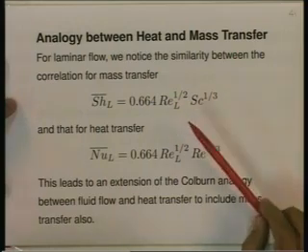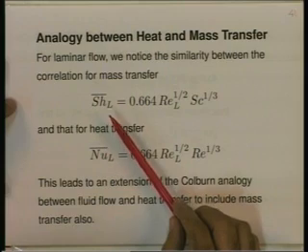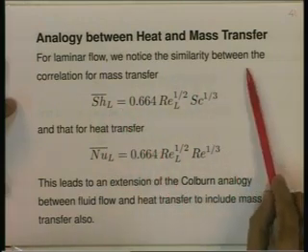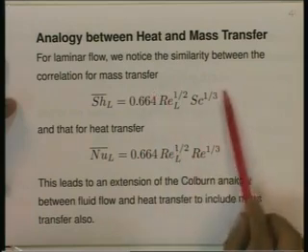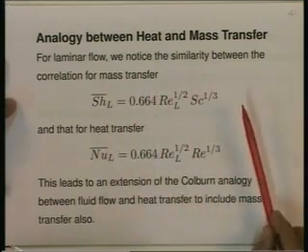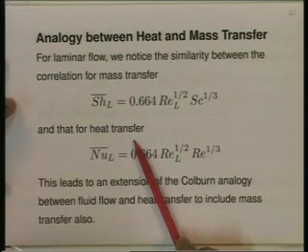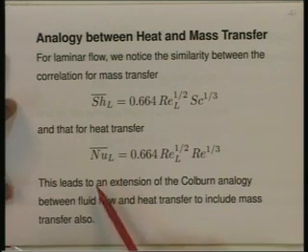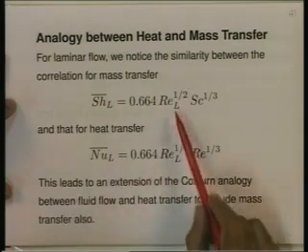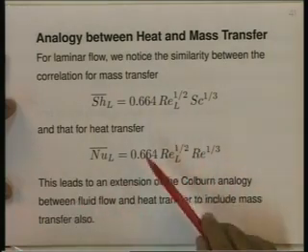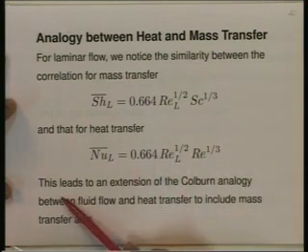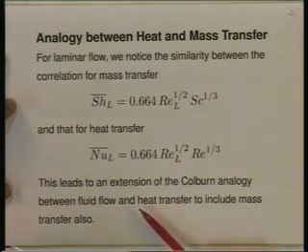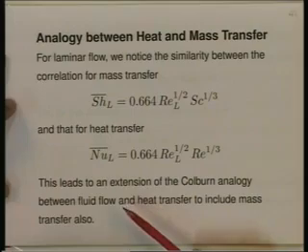We have just now seen for laminar flow the similarity between the correlation for mass transfer, which is reproduced here, and that for heat transfer, which we had seen earlier during our study of laminar forced convection over a flat plate. These two relations are so similar that using these we can extend the Colburn analogy between fluid flow and heat transfer to include mass transfer also.